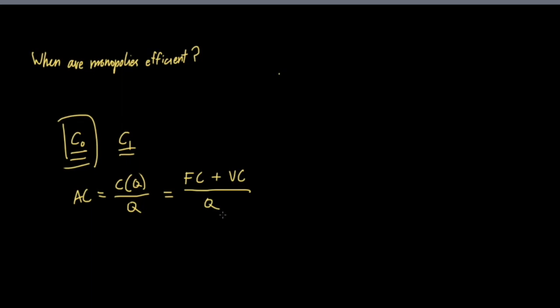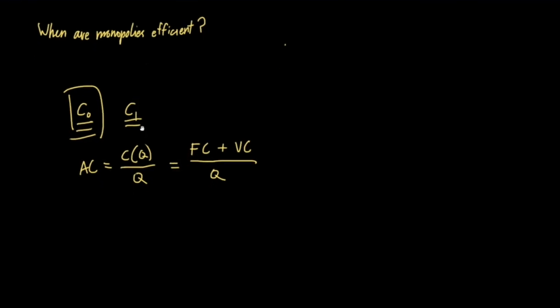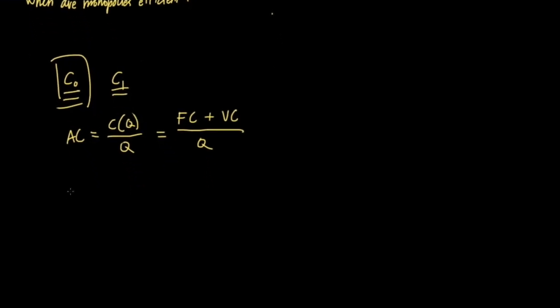Let's say that we have a firm who incurs a fixed cost of 1,000, so let's set FC equal to 1,000, and a very simple variable cost of 5Q.